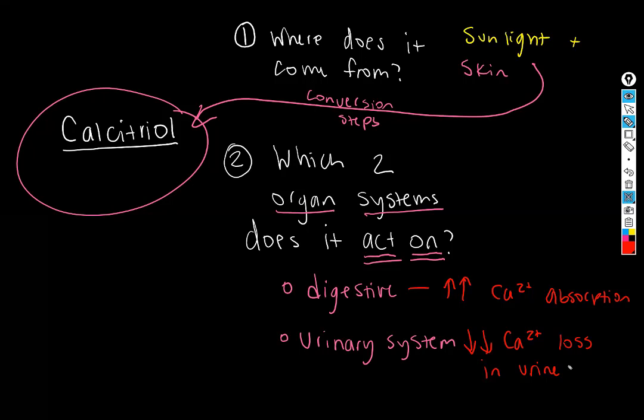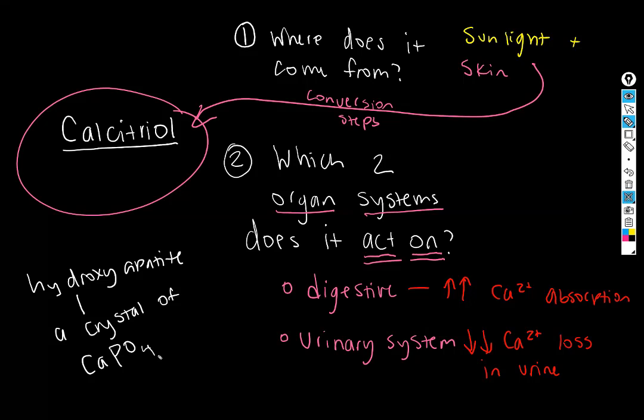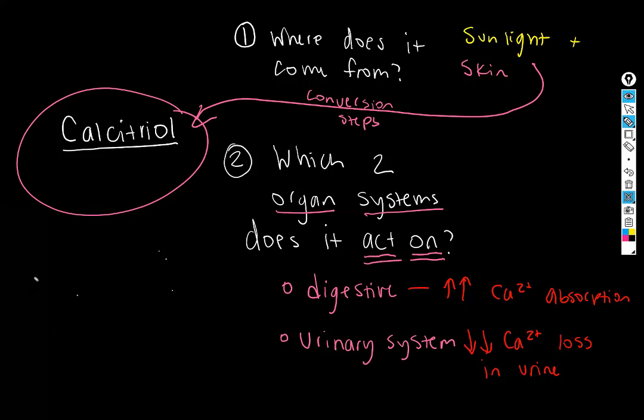Yeah, so hydroxyapatite, which is what your bone crystal, that's the name for the mineral, is a crystal, so a particular solid shape of calcium phosphate. Okay, makes sense. So it's both calcium and phosphate, but we're talking about calcium homeostasis specifically right now, so I'm focusing on that. But yes, phosphate is also important.